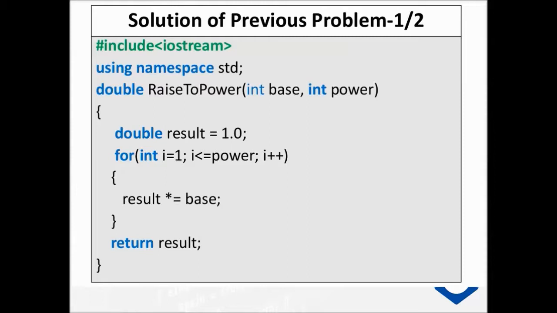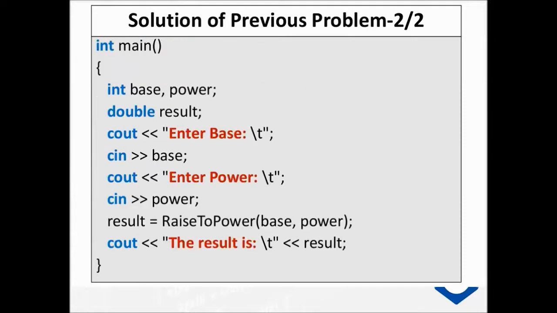In our main program we declare two variables, base and power, and we declare another variable which stores the result, and we name this variable result, and its data type is double. First of all in the main program we write cout enter base, meaning we want the user to enter the desired base number.